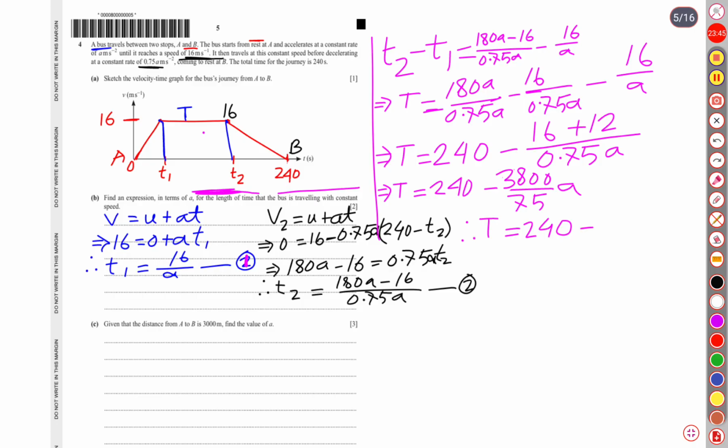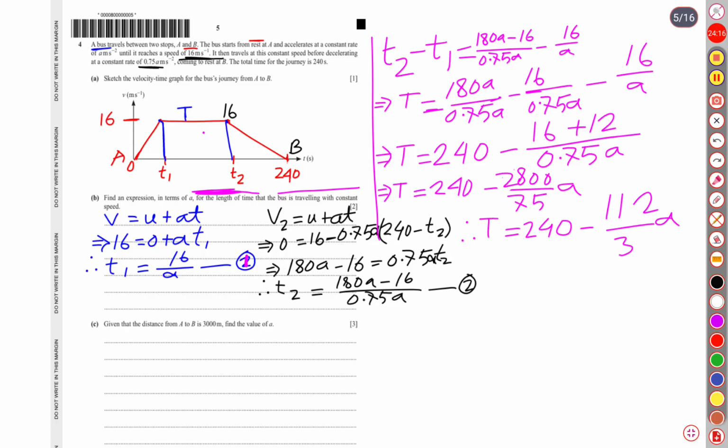So it is actually 192. Let me write here 192 over 3. If we divide 75 by 25, it is 3.